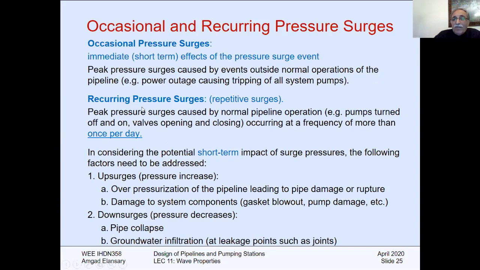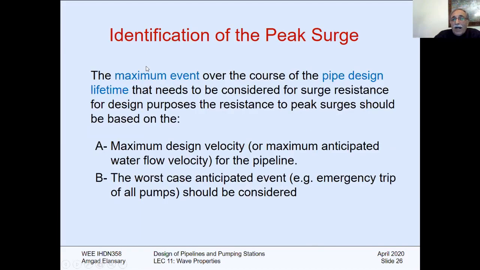Both of them are very important here. On the identification of peak surge, we need to look for the maximum event. It is not any event. When you design, you look at the maximum event along its lifetime, and you need to design the hammer protection you're going to use to resist the peak surge.